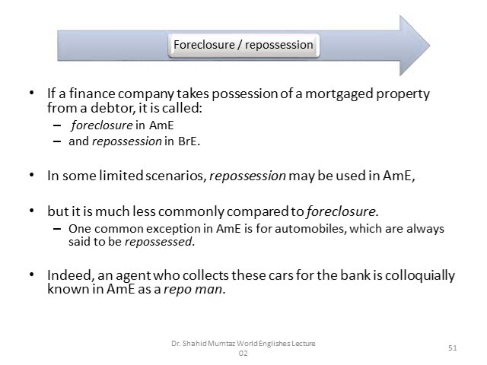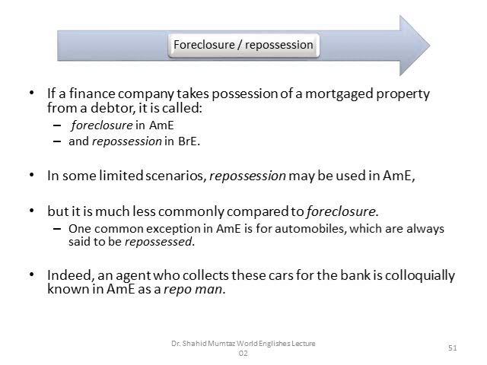One common exception in American English is for automobiles, which are always said to be repossessed. For automobiles, the term foreclosure is not used in American English; it's always repossessed.